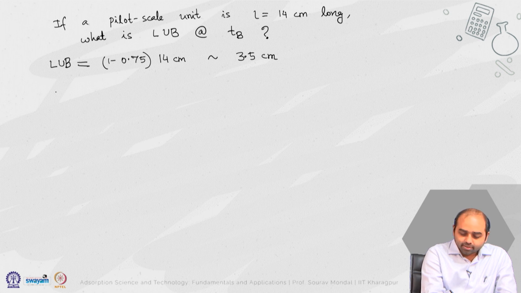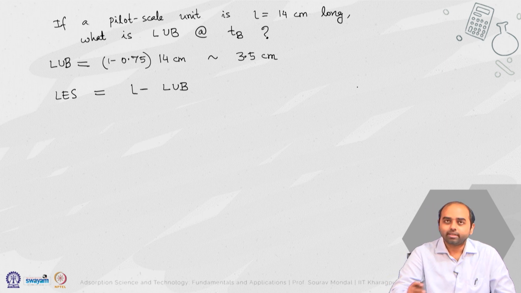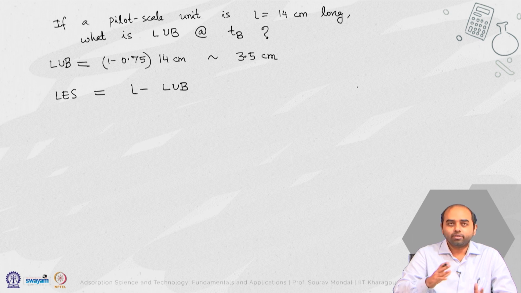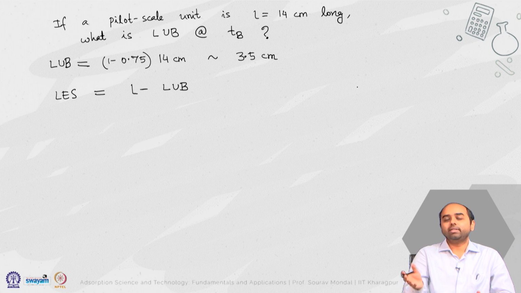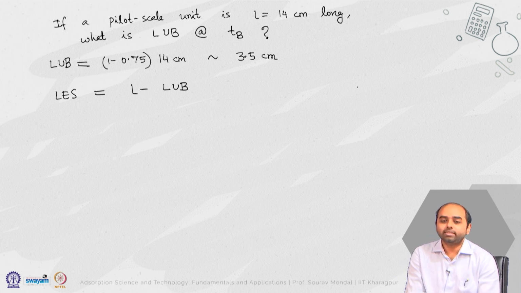Now the length of the equilibrium section is actually the total length minus the length of the LUB, because we only segregate this entire bed into two parts, unused portion and used portion, where while calculating the unused portion, we are considering the time when it reaches the breakthrough at the halfway value.